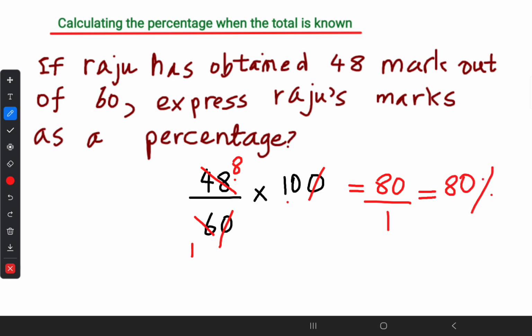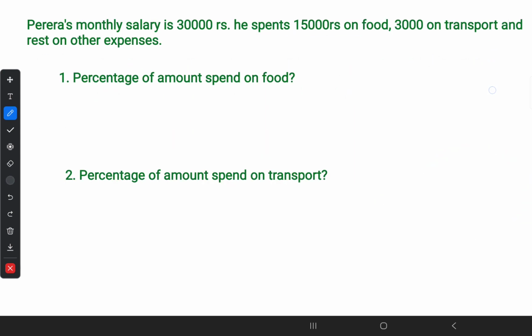Just 80 percent. So first of all, I'll read the question from the beginning. Pereira's monthly salary is 30,000 rupees. He spends 15,000 on food, 3,000 on transport and the rest on other expenses.